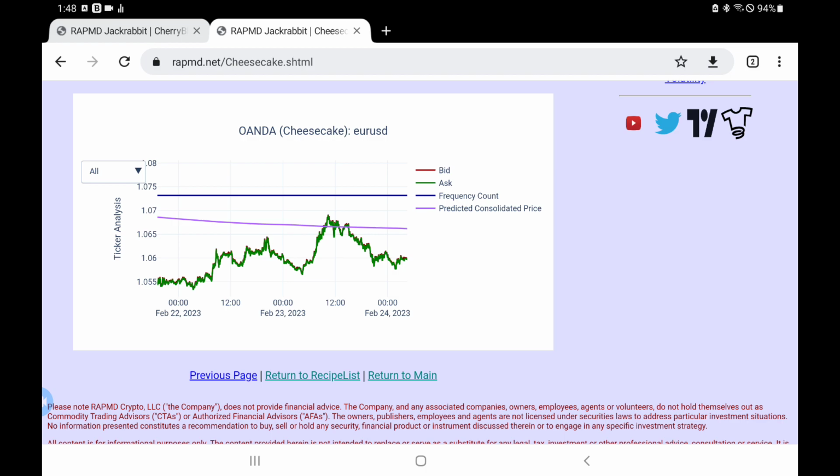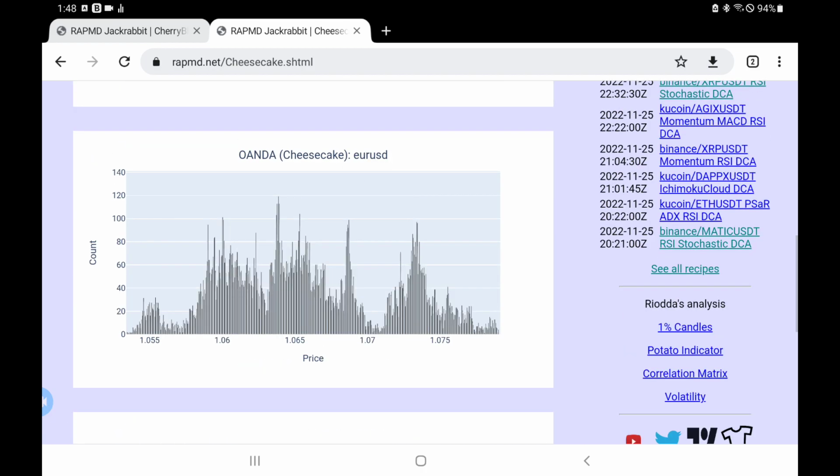Whenever you're using this kind of trading approach, you always want to look for the range. And if you don't see the range, then you need to look back further until you find the range.